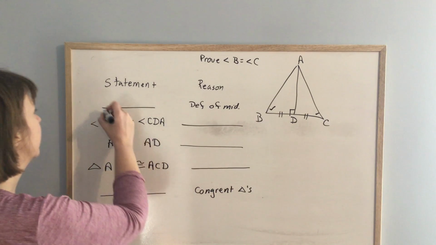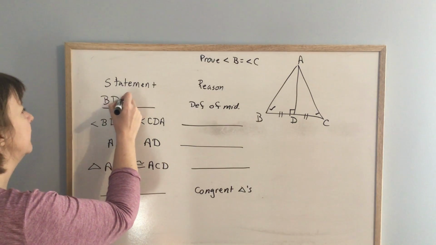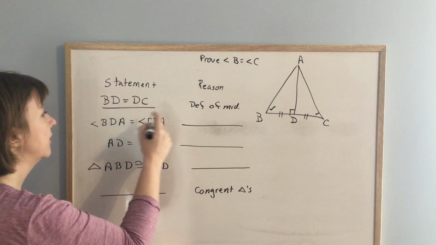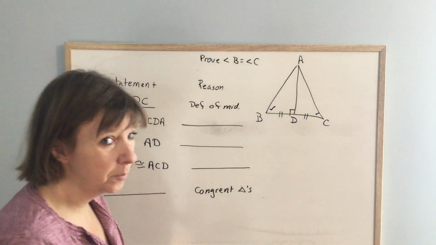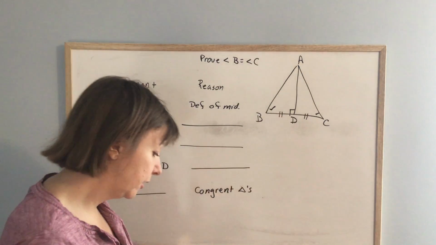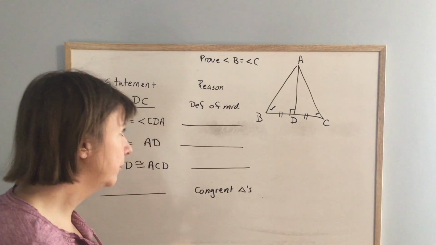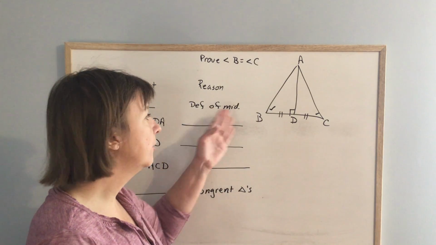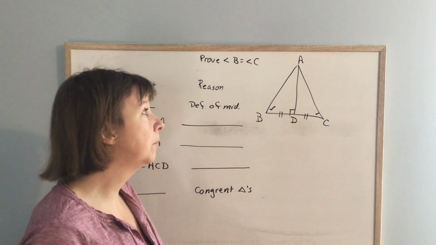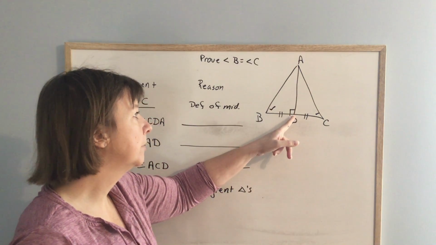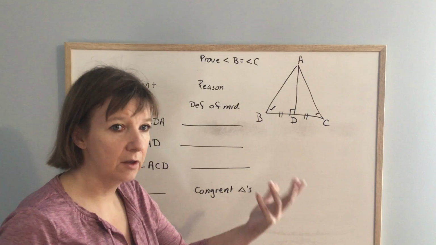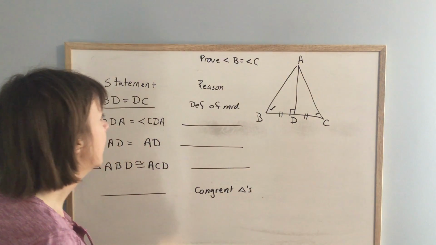And what I would say to that is that BD is equal to DC. They told me that already, so I probably could have put given. But they used the reason definition of a midpoint because this is a perpendicular bisector, which means it is in the middle.